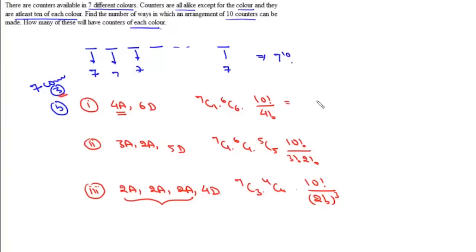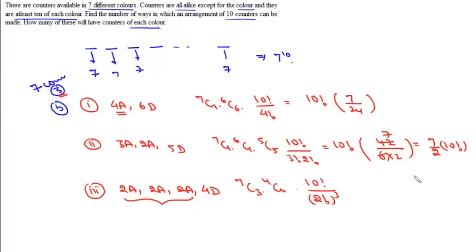Now this is factorial 10 into 7 by 24. This is factorial 10 and this is 42 and this is 6 into 2. So it will be 7 by 2 into factorial 10 and here it will be 35 by 8 into factorial 10.